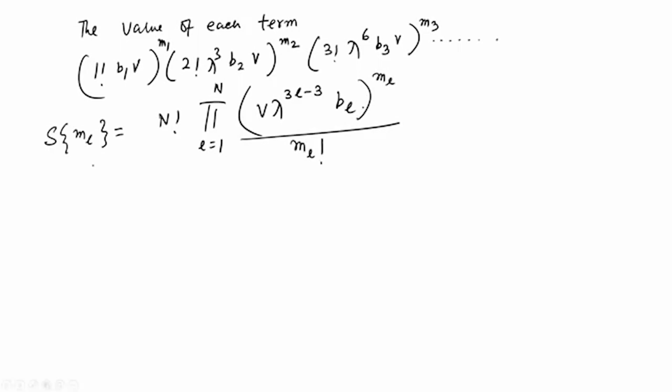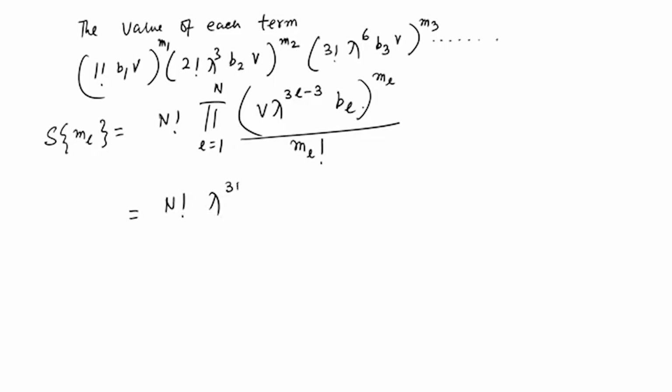So, that is your sum over m_l, and hence this is nothing but the partition function summed over m_l, but of course, with the condition that we have discussed in 1. So, this is equal to that, and we can simplify it further.